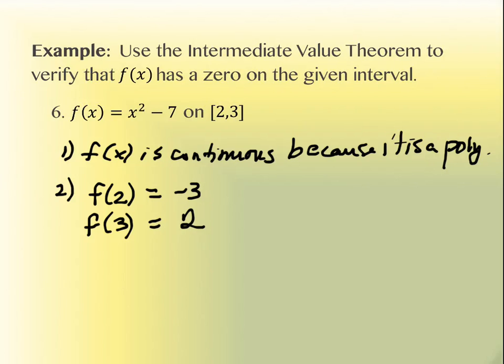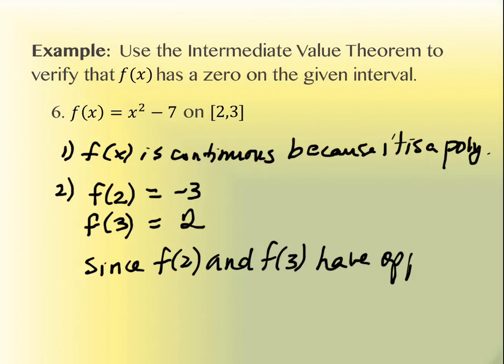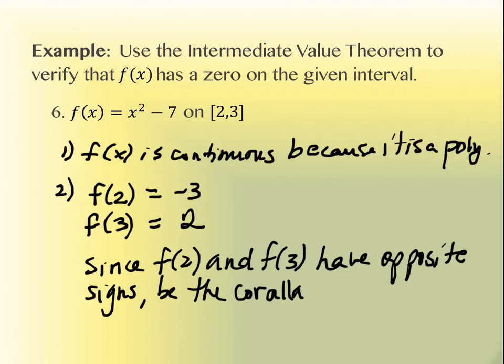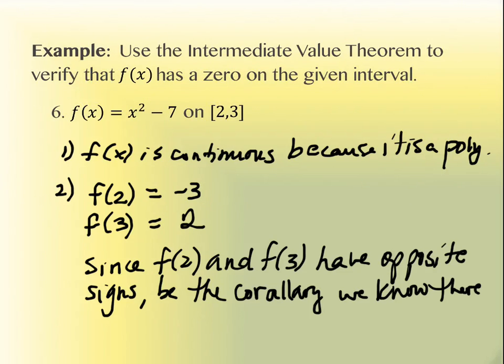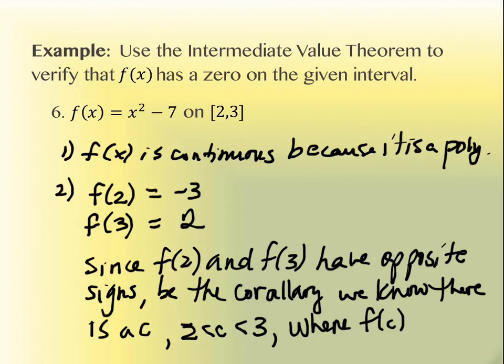So because I have this now, since f of 2 and f of 3 have opposite signs, by the corollary, we know that there's at least one number C between 2 and 3 where f of C equals 0.